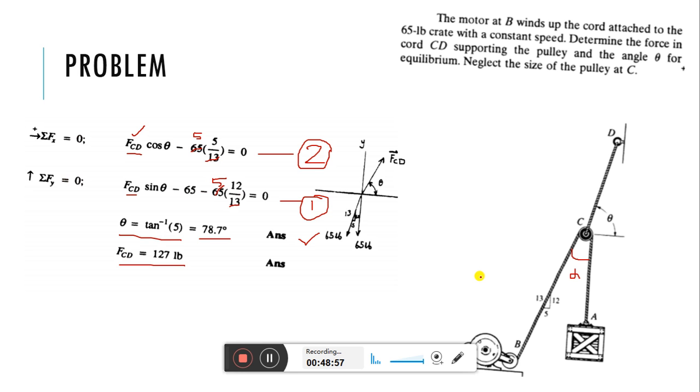In the second problem, we dealt with a motor winding up a cord in order to move up a weight. A 65 pound crate was there. From the geometry, after drawing the free body diagram, we solved this problem for equilibrium.